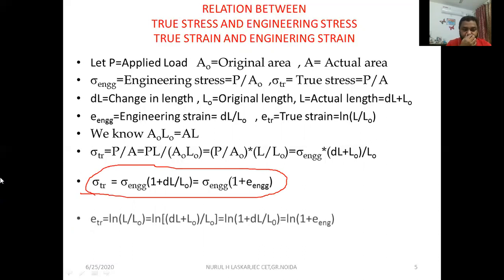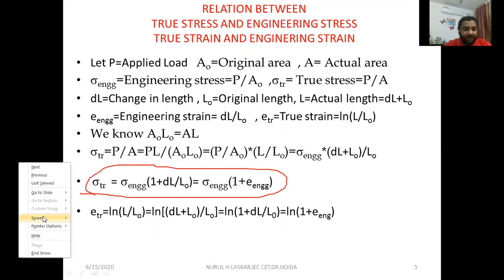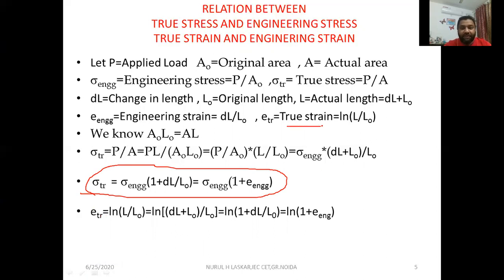Now see, ETR means true strain. So true strain is equal to natural log of L upon L0. L is the actual length. So I put actual length as dL plus L0 divided by L0.